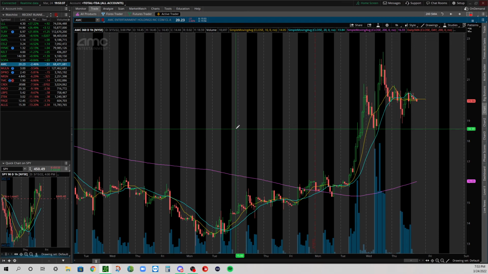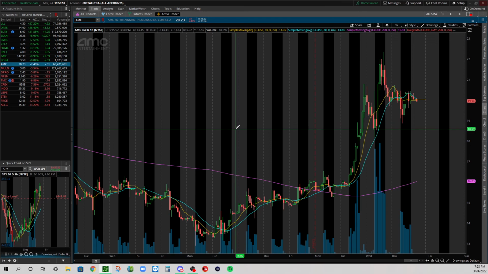That's how much is available to trade. And the volume traded today was 68.47 million shares. So what I'm trying to say is AMC has a lot of shares to trade.